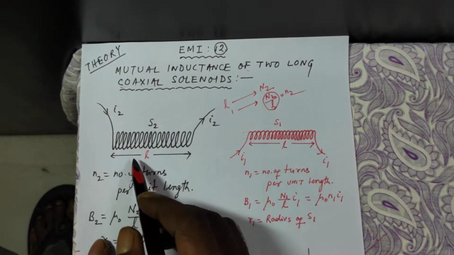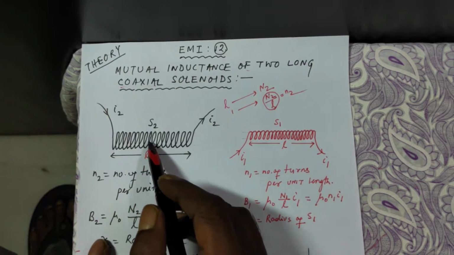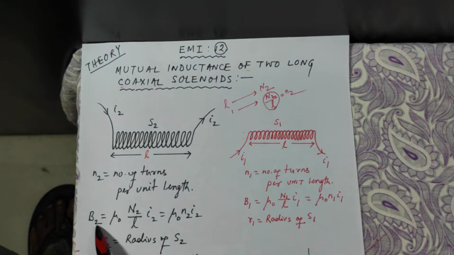Now, in magnetic effects of current, we derived that for a solenoid at the center, the magnetic field B is mu naught, number of turns per unit length, into current.